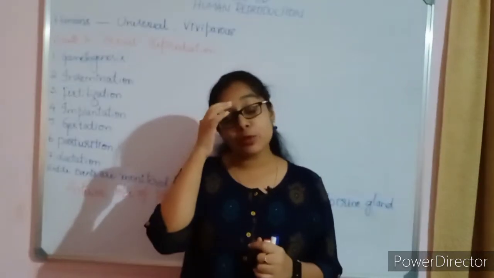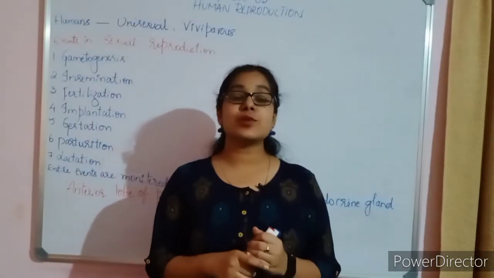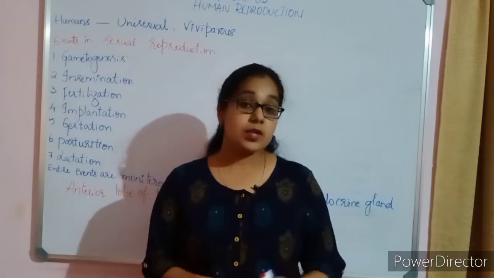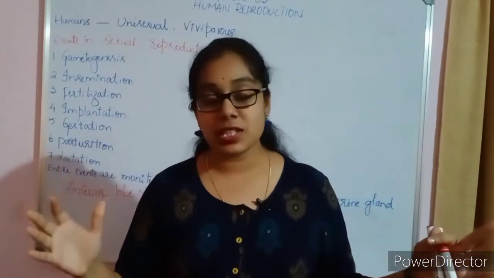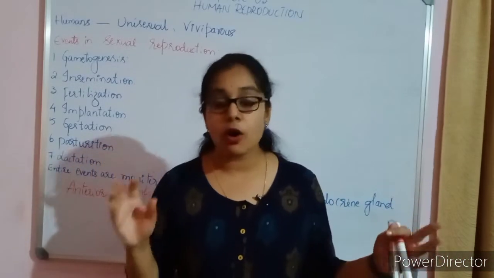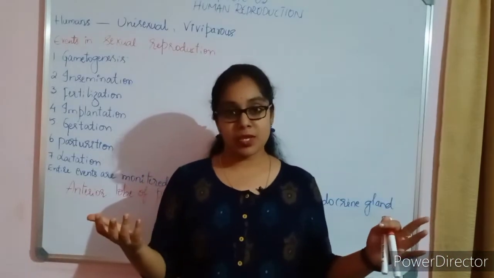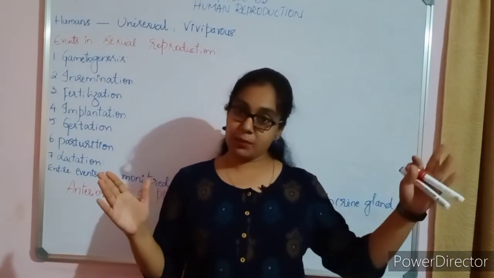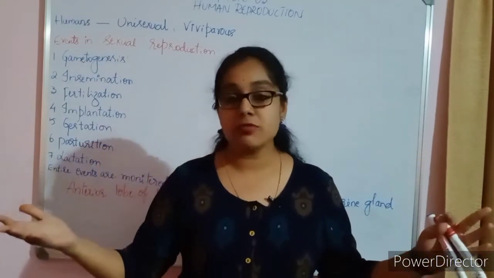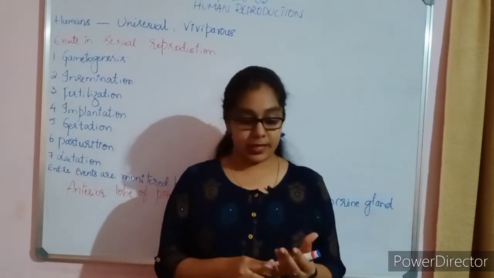Hope you know that gametogenesis is nothing but the process of formation of gametes. Starting from there till the process of lactation, that is production of milk after delivery of a baby. So throughout this chapter we are going to study from gametogenesis to lactation, which is nothing but production of milk.